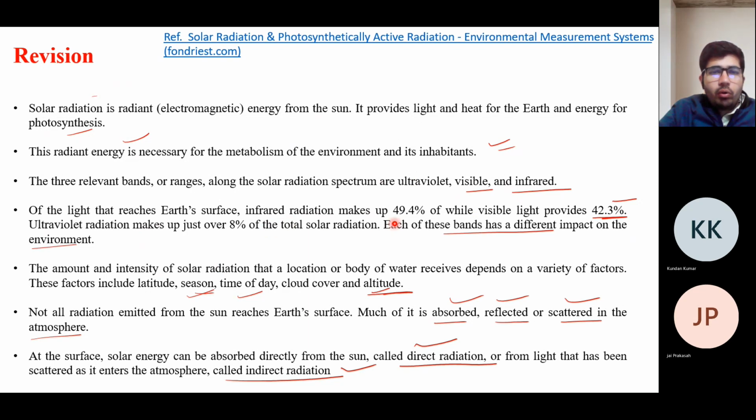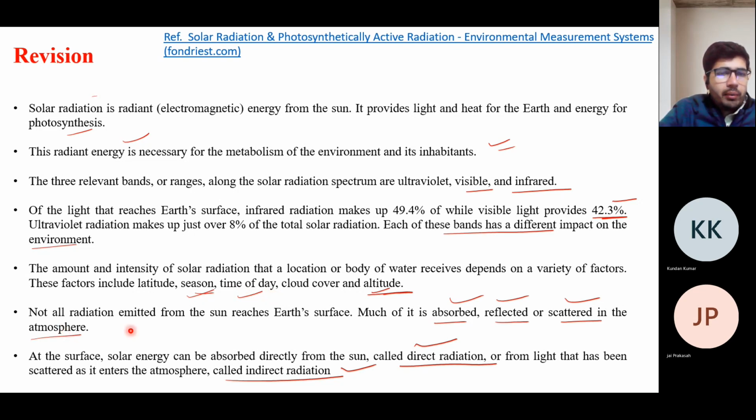Infrared radiation makes up around 49.4%, while visible light provides 42.3% and ultraviolet only 8%. The intensity of radiation that a location or body of water receives depends on a variety of factors: latitude, season, time of day, cloud cover, and altitude.